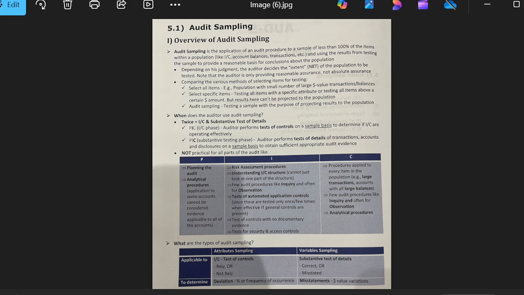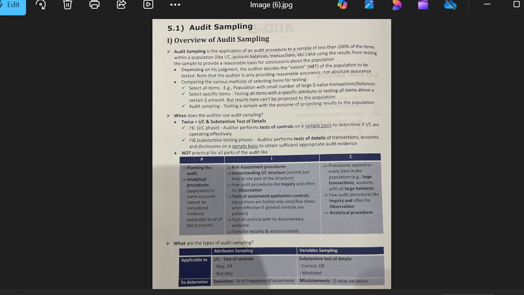So what are the types of audit sampling? There are basically two types: attribute sampling and variable sampling. First, attribute sampling is applicable to internal control in the test of controls, where the auditor needs to give a judgment conclusion on whether they rely or do not rely on the controls, whether the controls are reliable or not reliable, and that is based on certain attributes that the auditor tests.